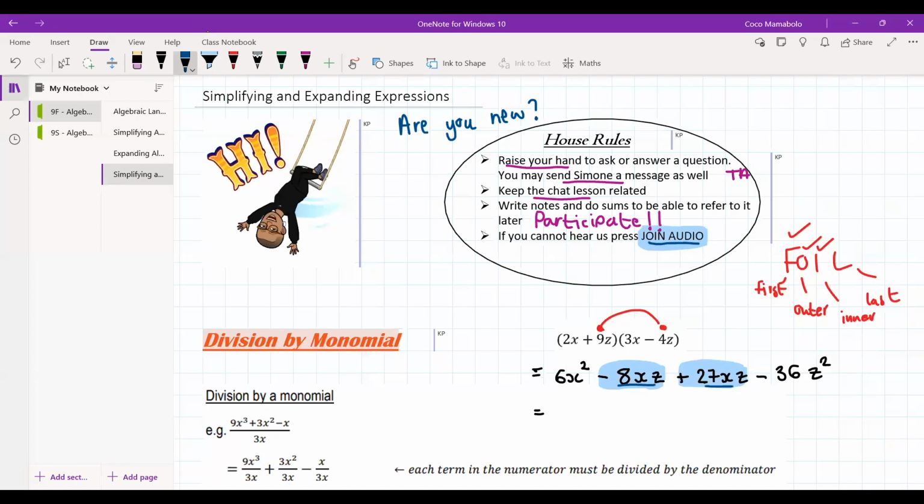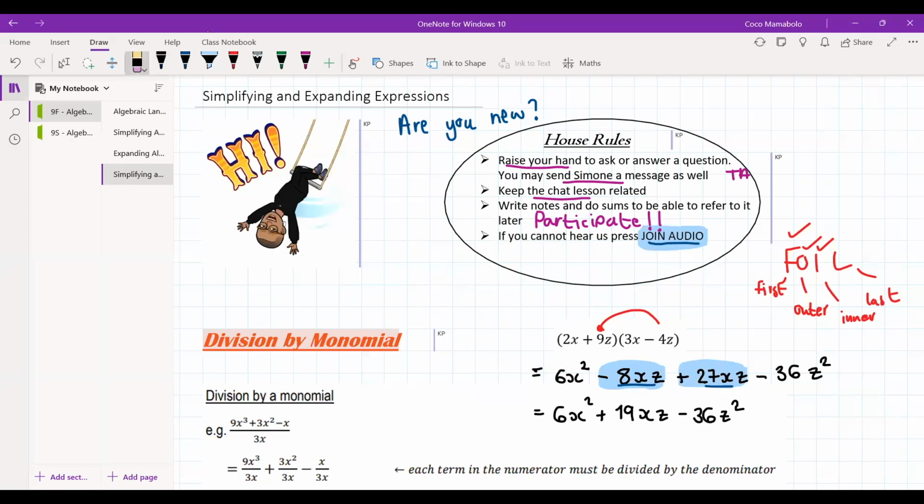Negative 8xz plus 27xz is going to give me positive 19xz. So I'm going to have 6x squared plus 19xz minus 36z squared. Okay, and that's as far as we got in Tuesday's lesson.